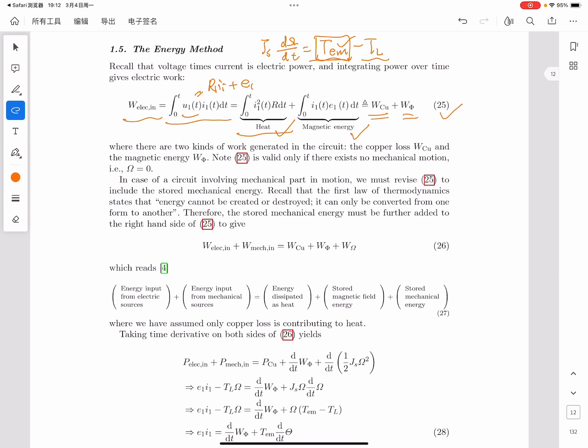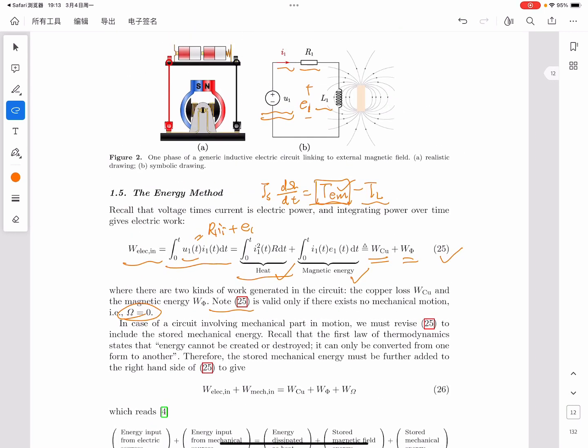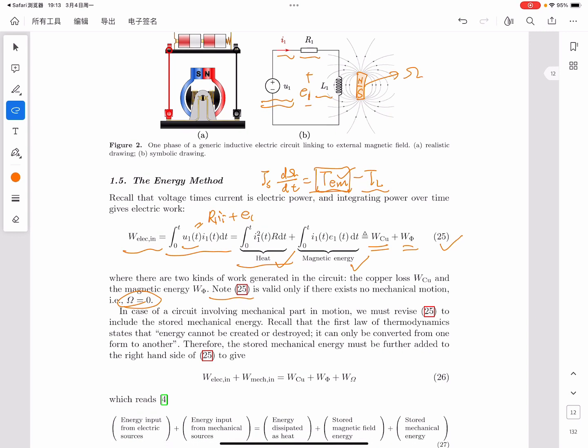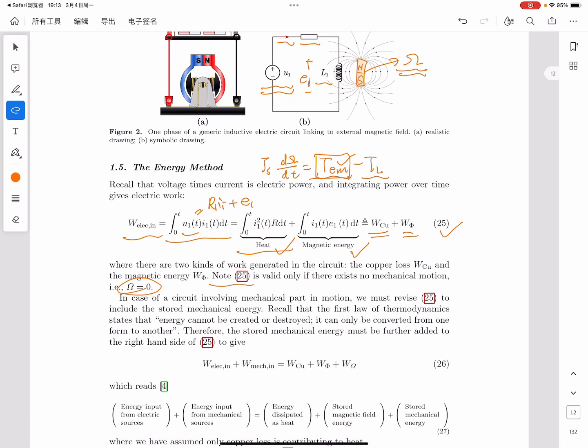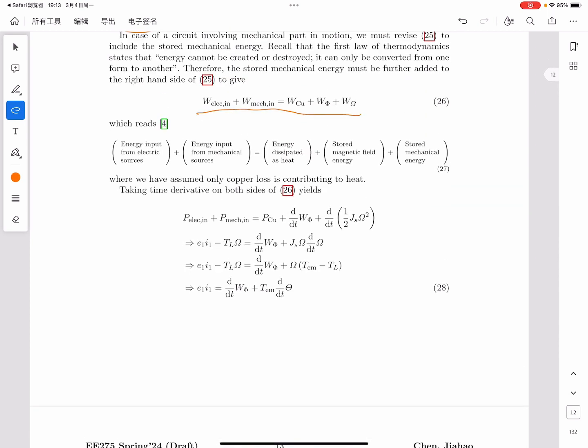Note that equation 25 is true only when the mechanical speed is 0. In the general case, when, for example, we have a rotor with a magnet that is spinning at a speed omega, we need to further account for its mechanical power, or mechanical energy, in the energy balance.